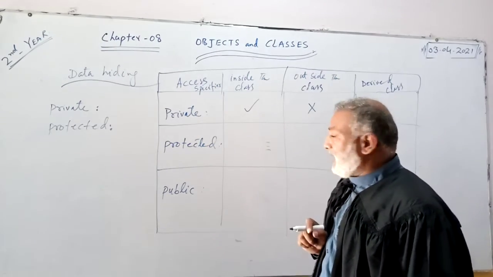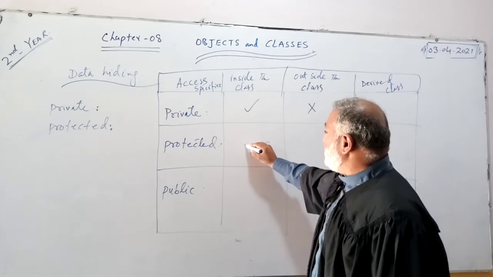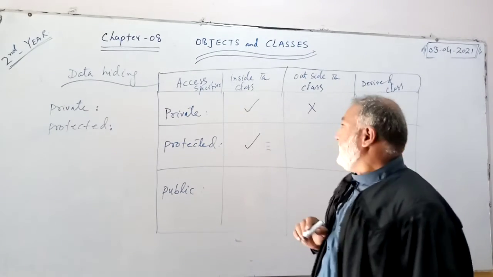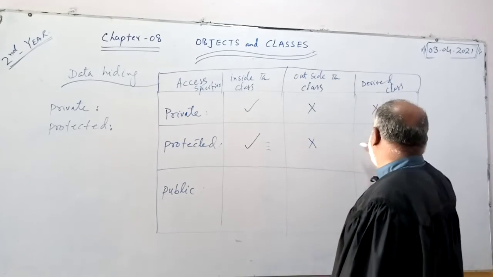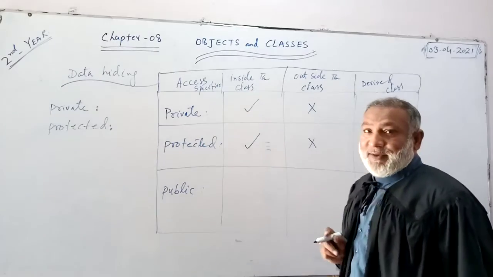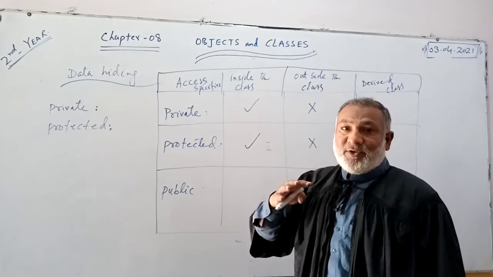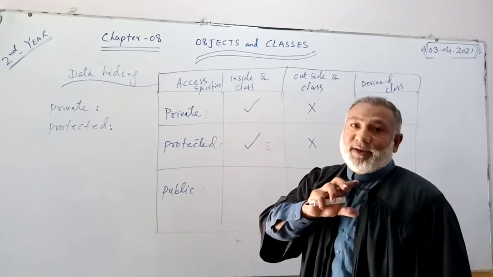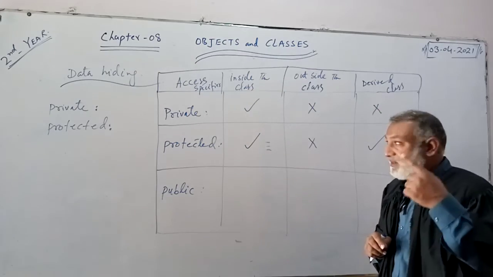If we declare members of the class as protected, they can be used inside the class, yes. Outside the class, no. And in the derived class, yes, because it is specially designed for the parent-child combination. So the derived class can access protected data of the base class.